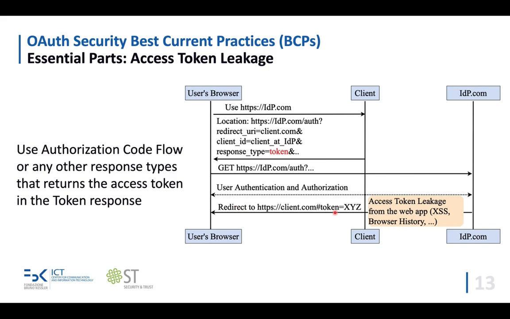The reason is that in the case of implicit, the token is returned from the authorization server inside the URI, which exposes the access token in the URI. That can lead to access token leakage from web applications in different ways, like XSS, browser history, the referer header, etc. Therefore, in order to avoid this access token leakage, simply upgrade your flow from implicit to authorization code flow.